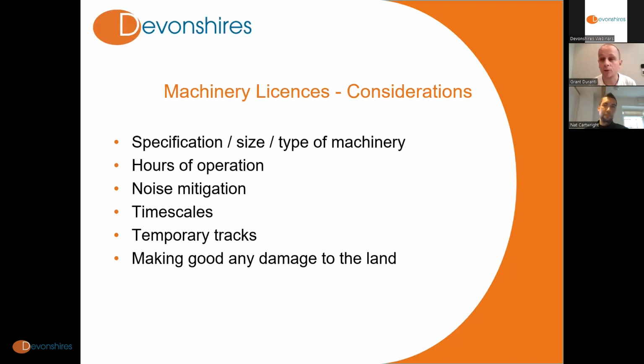So you may only be allowed to use one at any one time, or you may be allowed to use two. The hours in which you're permitted to operate them are also likely to be specified, and whether or not you can use them on weekends or public holidays, for example. I know the week before and the week after Christmas there might be a hiatus built into the license.